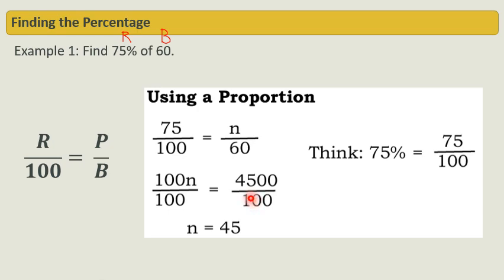Ang technique lang pag nagdi-divide ng 100 is to cancel out yung number ng zeros. So, dito, since 100 divided by 100, automatic na, wala na siya, 1 ang sagot dun, isang n lang. So, dito naman sa kabila, ilan ang 0 ng 100? 1, 2. So, dalawa lang din ang babawasan natin 0 dito. So, matitira is 45. So, ibig sabihin, ang 75% ng 60 is 45.